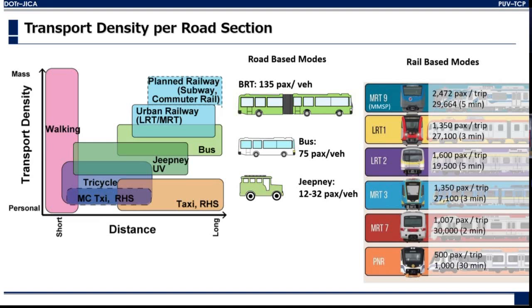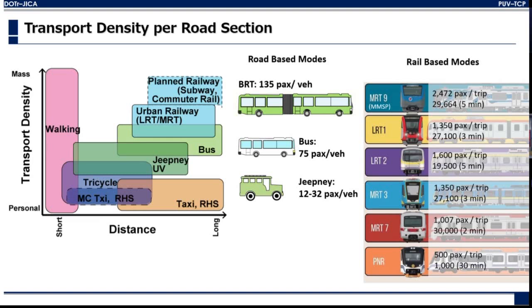However, the LRTA and the MRTC suppose the number of passengers is 8 per square meter. In Japan, it is just three persons per square meter. So compared with Japan, the capacity setting for the railway in Metro Manila is a little bit dangerous. You need to remember it.